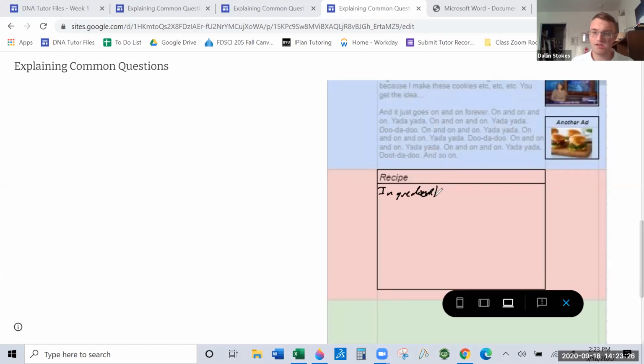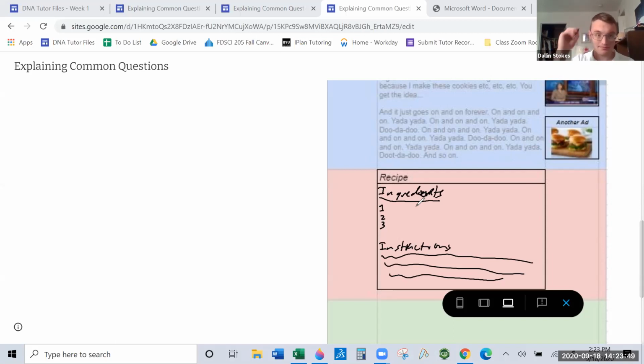Ingredients, and they've got several different ingredients here. And then instructions, right? It's your standard recipe. 1, 2, 3, etc. There's writing down here. And by following the recipe, you're able to make whatever food that they've been praising in the previous paragraphs.